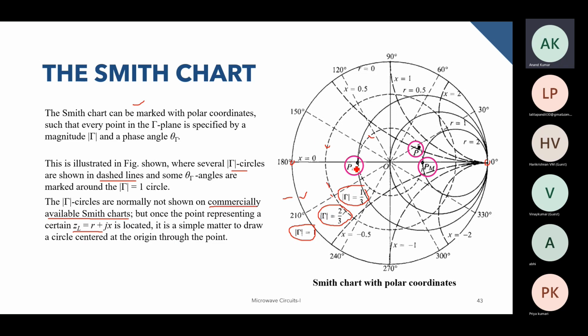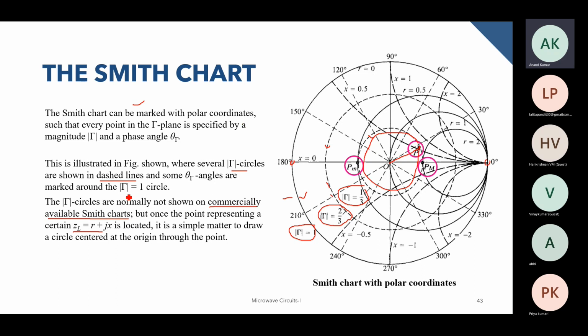For example, if we wanted to draw the gamma circle for some load impedance, we'll just find this particular point P over here, and then we'll take the radius from the origin to this point P, and then just draw this circle over here.